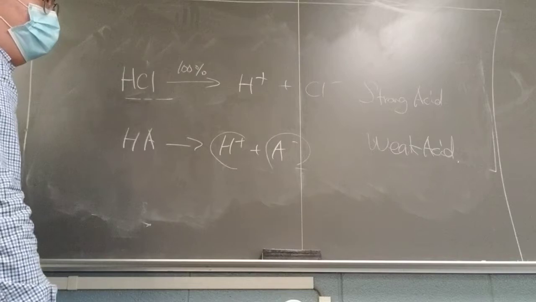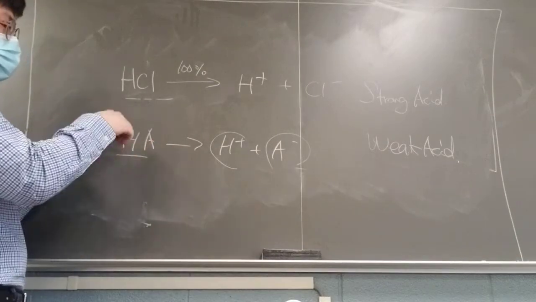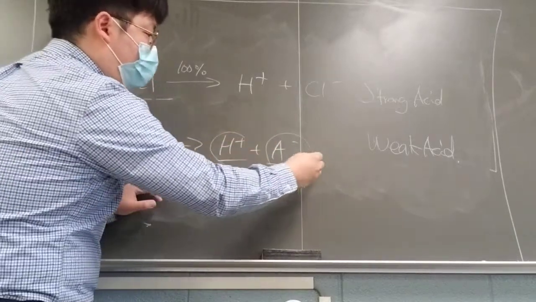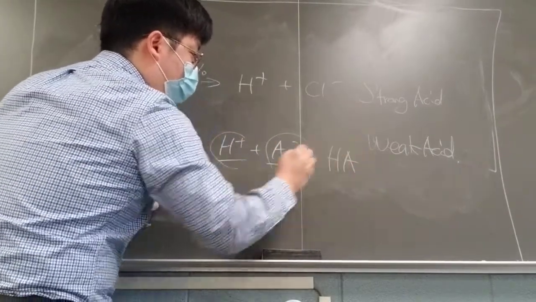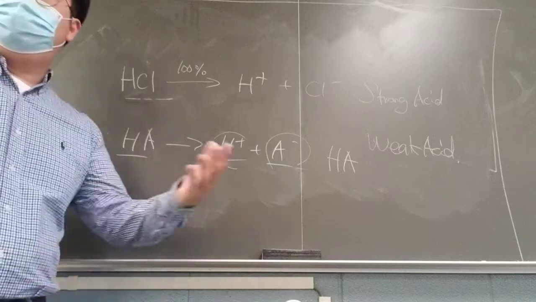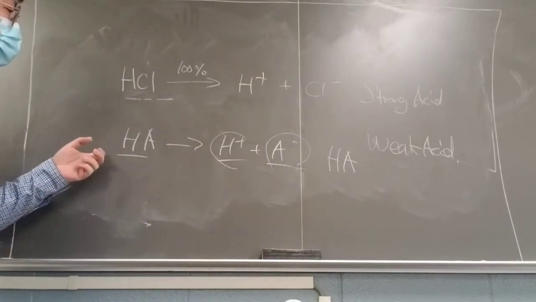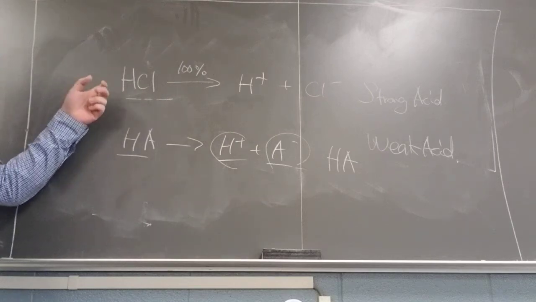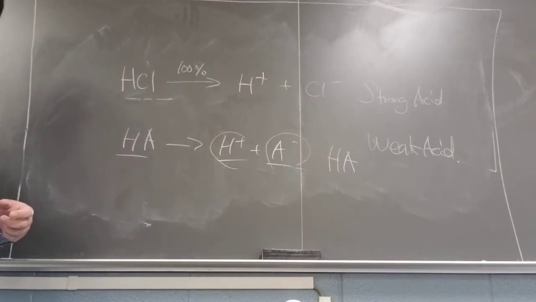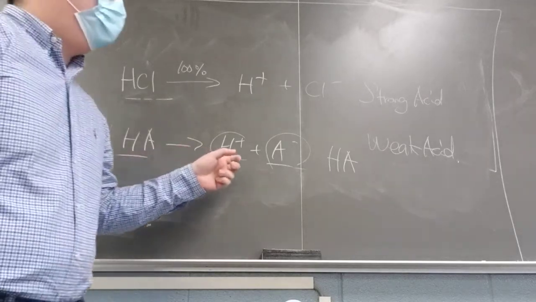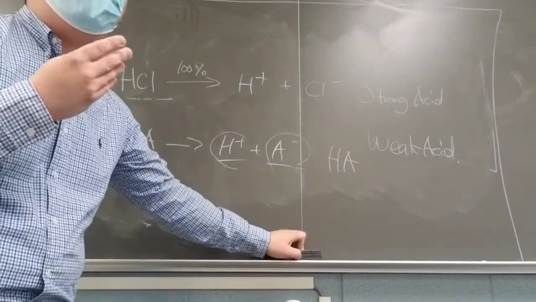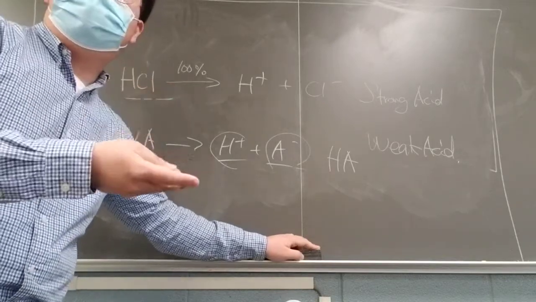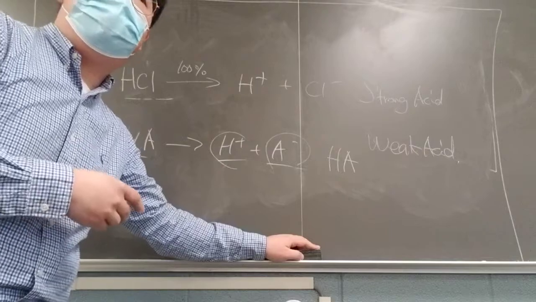So if this is a weak acid, you're going to see some of this, but there's still a lot of this one that does not break up to give us the protons. This is what we mean by weak acid. So it does give us the proton, but not as much as the strong acid does. So in this case, we need to find out how much proton this particular weak acid will give us.